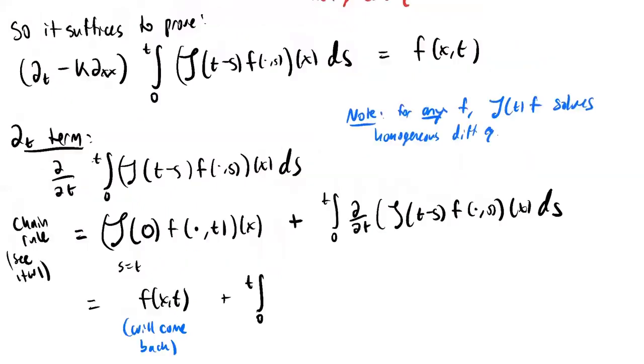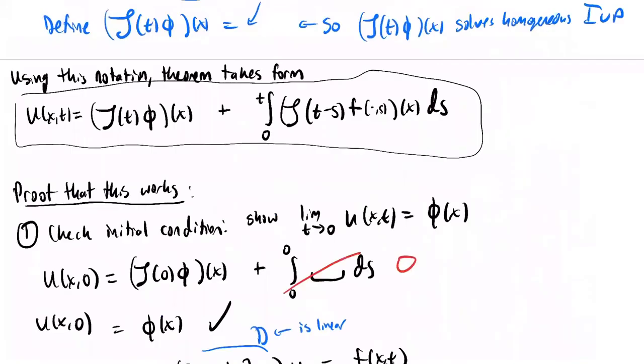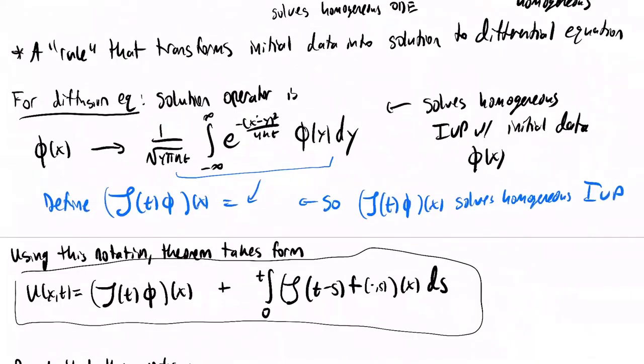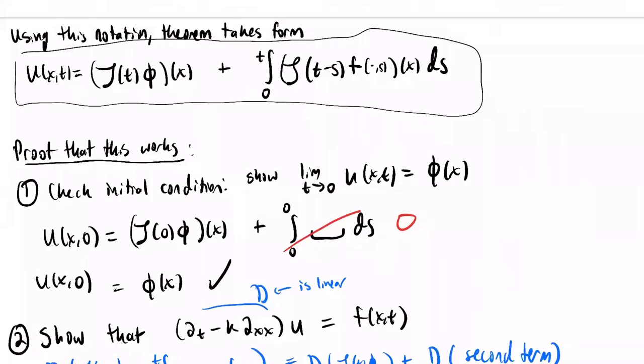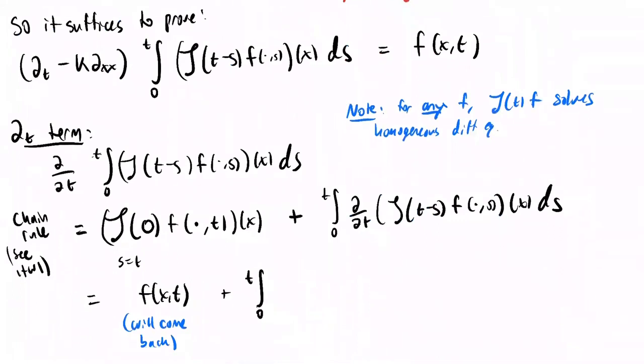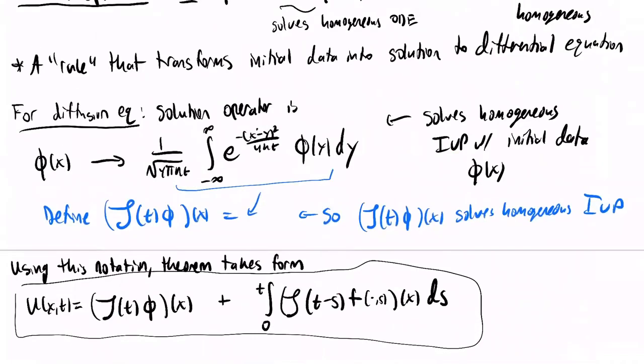Right, so that's how we defined this operator S. It's just the solution operator with initial condition at whatever function you're applying it to. And so when I apply this operator to f, that just means you're plugging f into the solution formula up here, so you're replacing phi by f here. But this formula is in particular a solution to the diffusion equation.